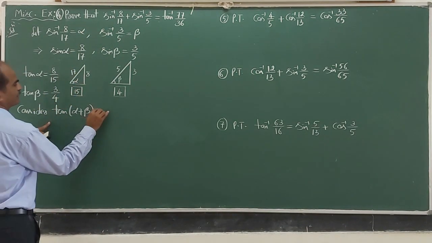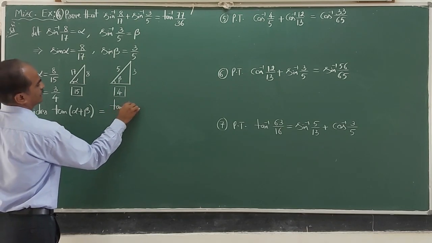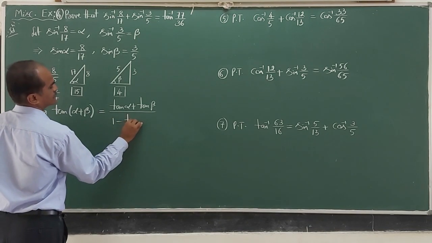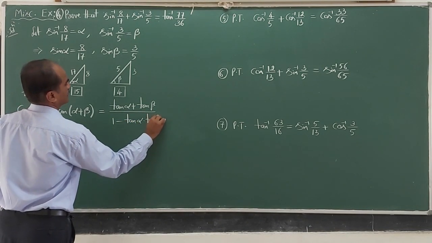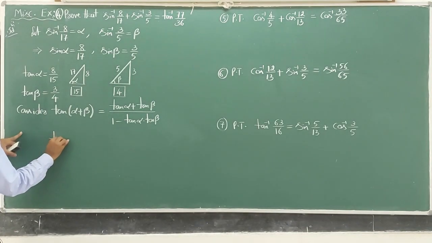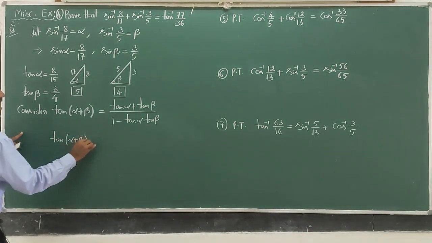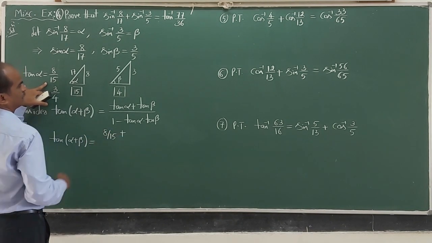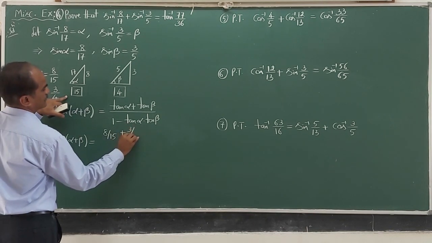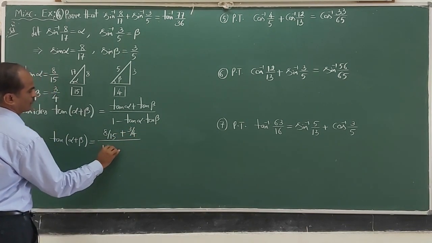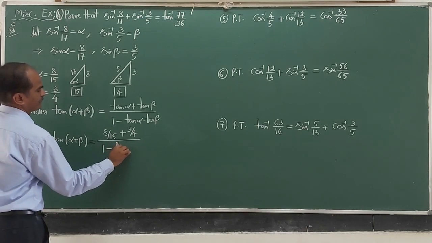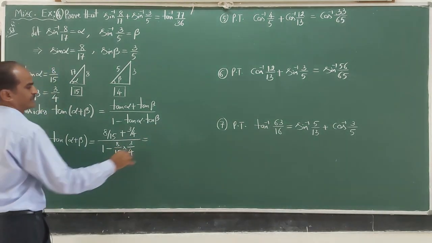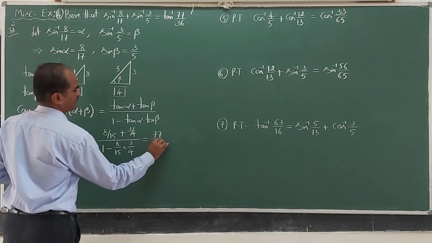So tan of alpha plus beta is tan alpha plus tan beta divided by 1 minus tan alpha into tan beta. That is tan of alpha plus beta is equal to tan alpha 8 by 15 plus tan beta 3 by 4 divided by 1 minus 8 by 15 into 3 divided by 4. Now if you simplify, definitely you are ending with 77 by 36.